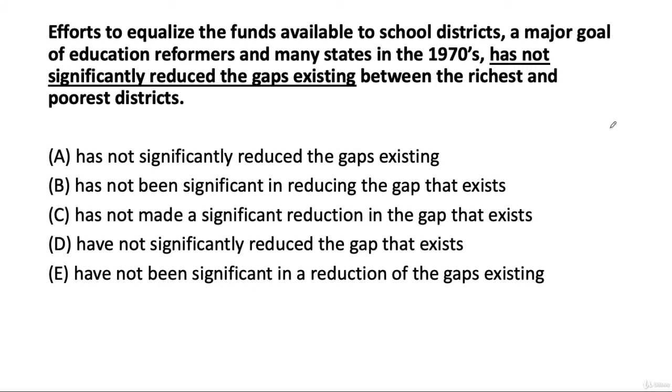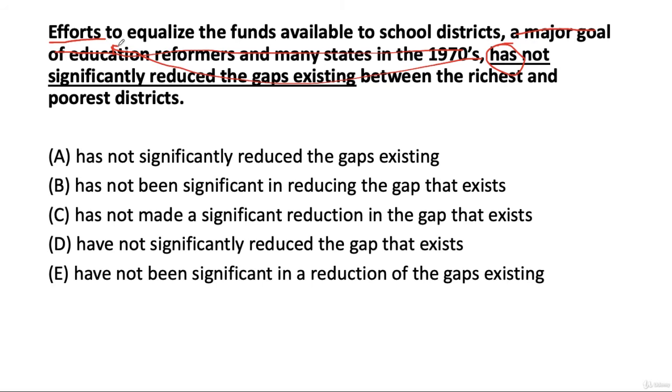Now let's discuss this. When we are saying efforts to equalize the funds available to school districts, our main topic of discussion is efforts. Even if we remove this part, our sentence makes sense, and hence this has is referring to efforts.